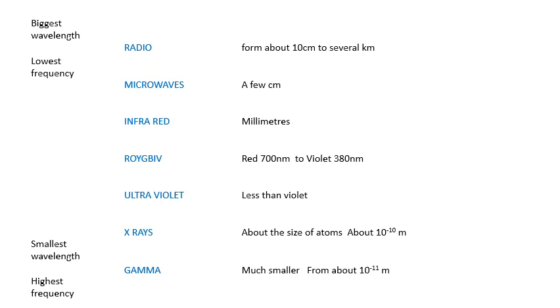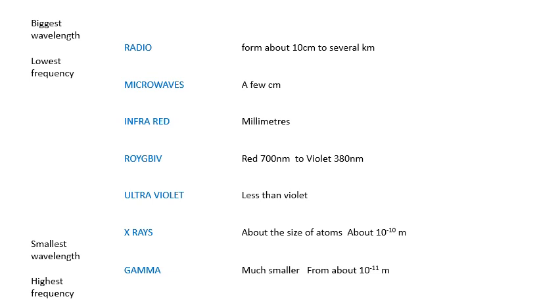Microwaves are typically a few centimeters. In your microwave oven, it's about 12 centimeters. The microwaves for your satellite television is about 3 centimeters. Infrared, we're kind of talking millimeters. Then Roy G. Biv. Red has the biggest wavelength. It's about 700 nanometers. Violet's about 380 nanometers.